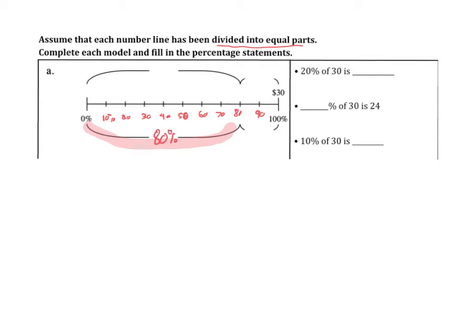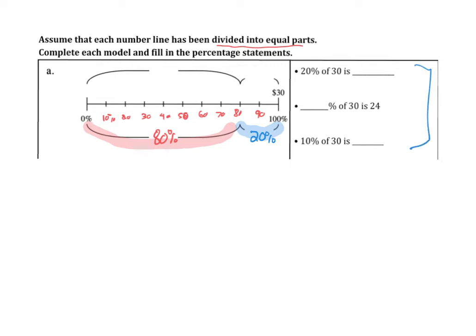And then this next bit, I'll go ahead and color that in blue, this portion right here, because that is 2 chunks, it is 20%. So now we have enough information that we can set up some proportions and complete these percentage statements.